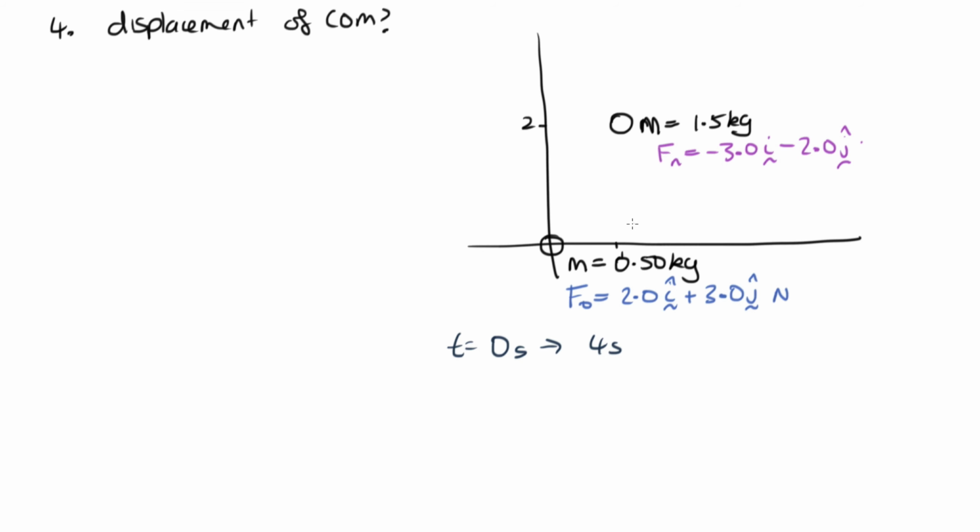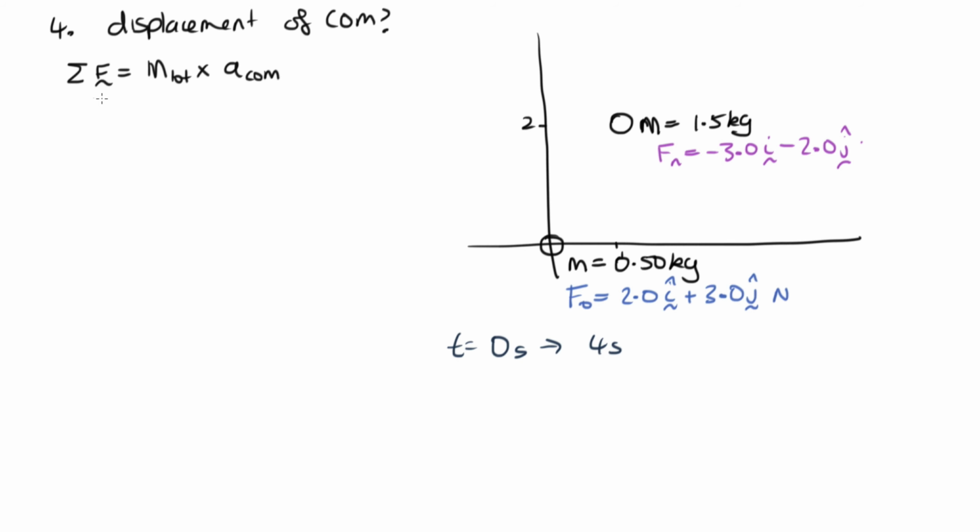So the easiest way to approach this is to actually use Newton's second law on the center of mass. So Newton's second law tells us that the sum of the forces is going to be equal to the total mass times the acceleration of the center of mass.